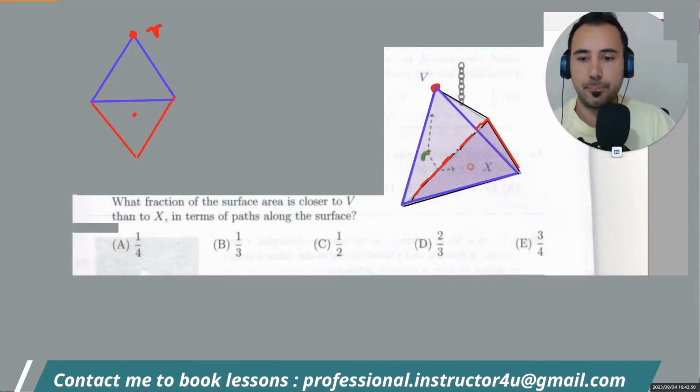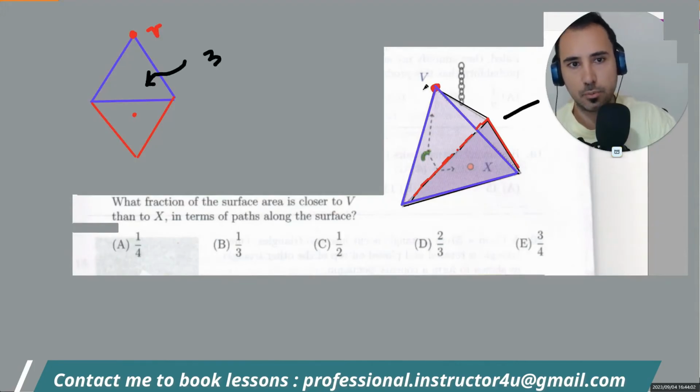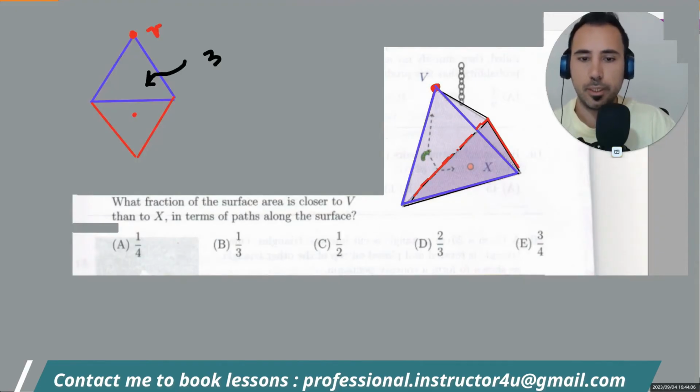Okay, and the next question is, we have 4 faces. So how many of these red ones do we have and how many of these purple ones? We have 3 of this, okay? This one, and this one, right? But we only have 1 of this one, okay?